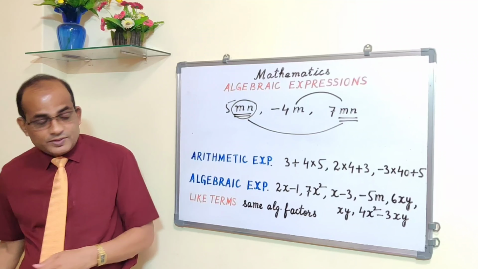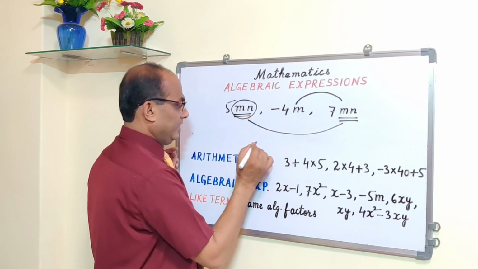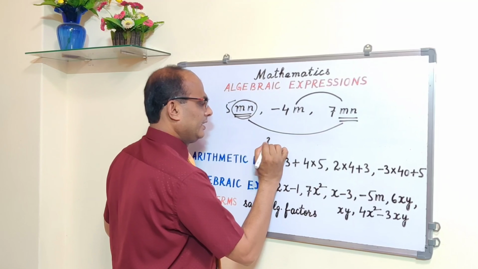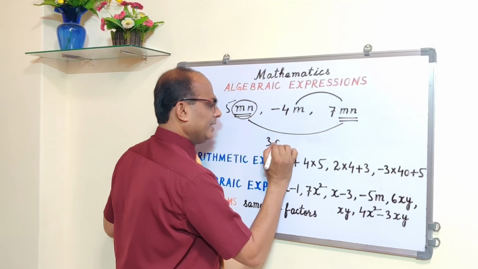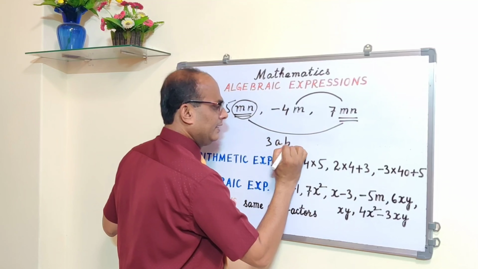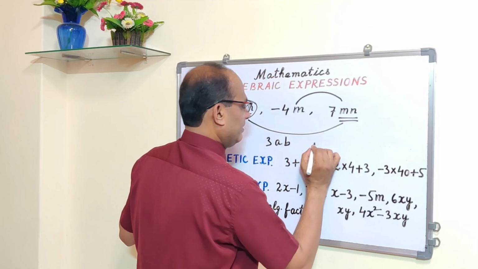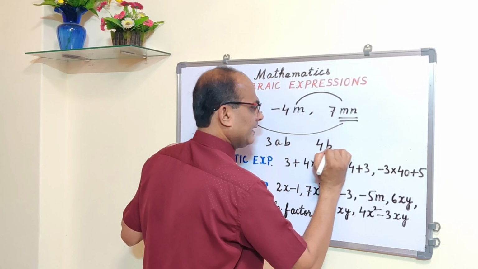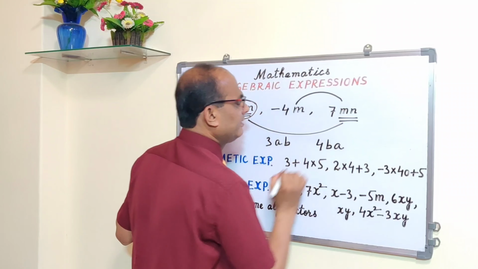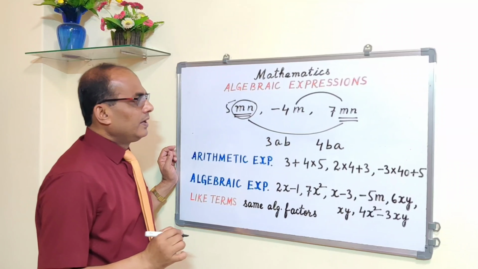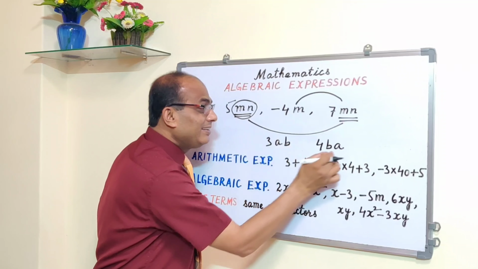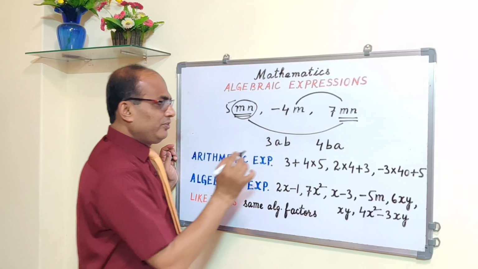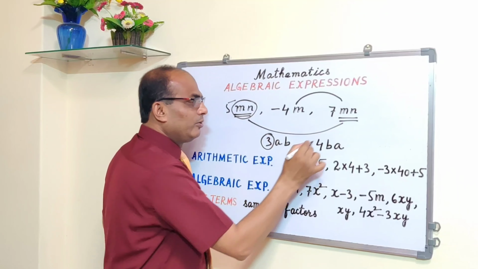For example, suppose you have 3ab, and here you have 4ba. This is AB and this is BA, they are the same. AB is equal to BA. So first thing, we don't see the numerical coefficient.